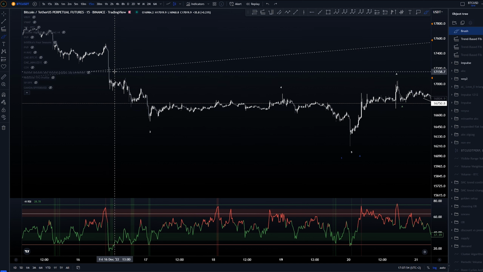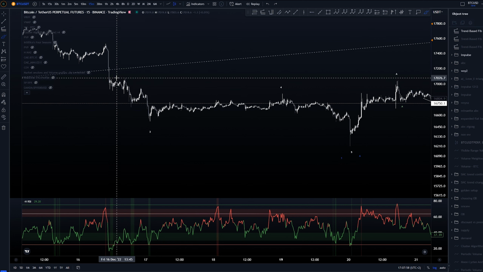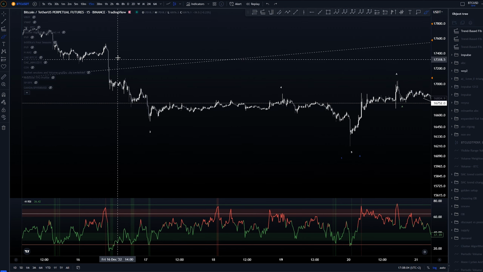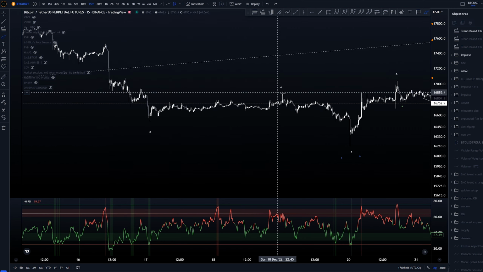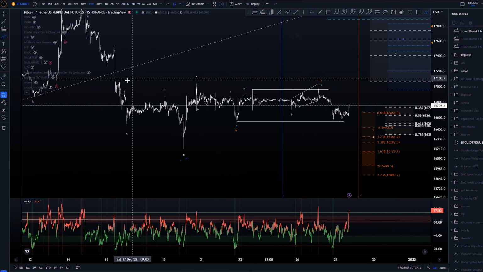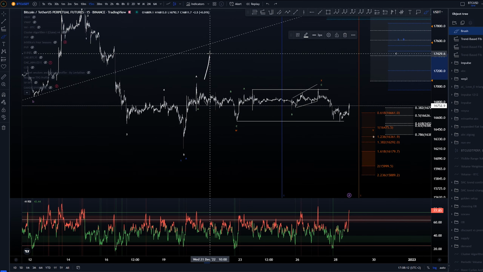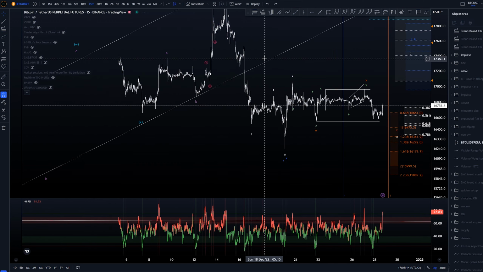We have a couple of fair value gaps from 17.15k all the way to $17,080, and from 17.2k all the way to 17.4k. So if we get beyond the highs of A wave, I would not really be too surprised if we are going to get up in here straight away.